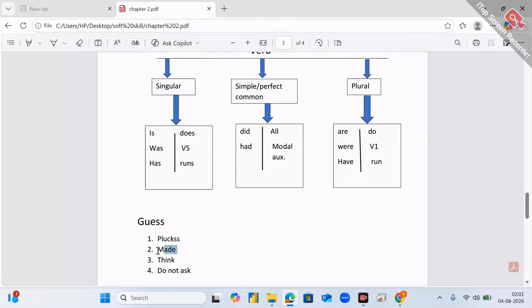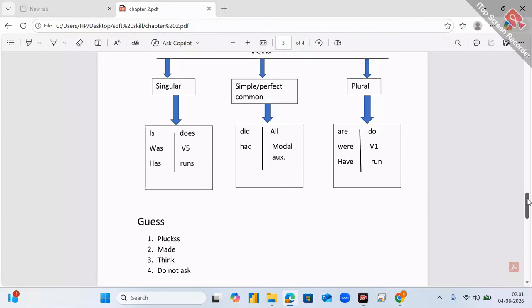Mid, what is it? Mid is the V2 form. V2: make, mid. So in which form will it come, singular or plural? You guys give me the answer in the comments.